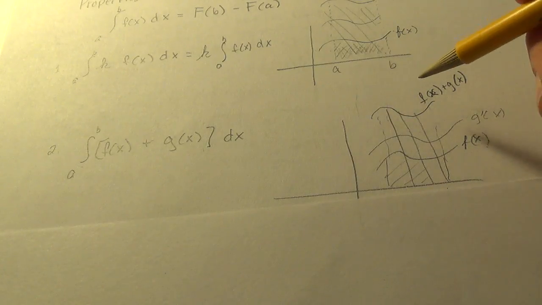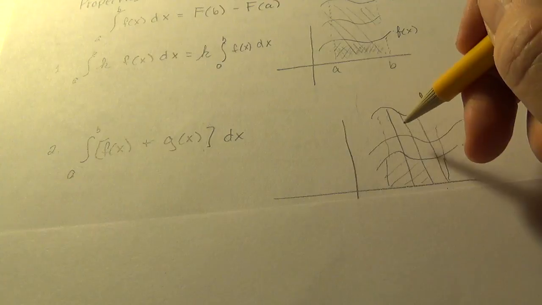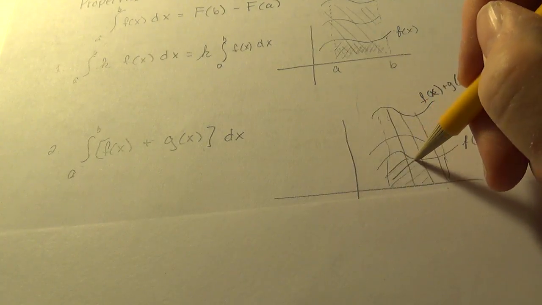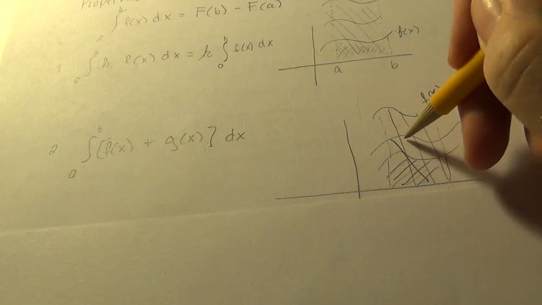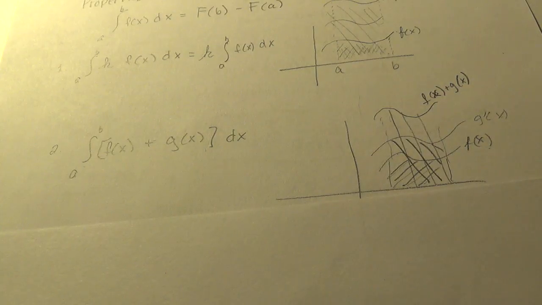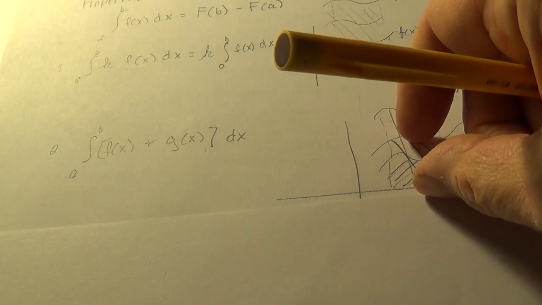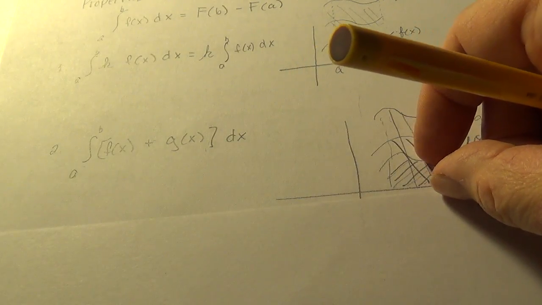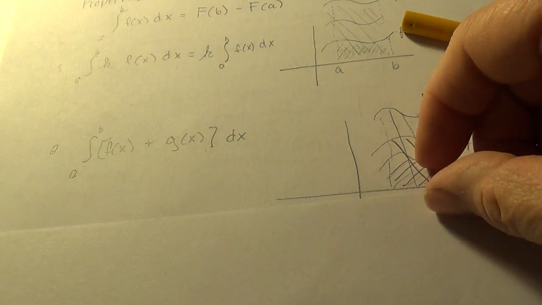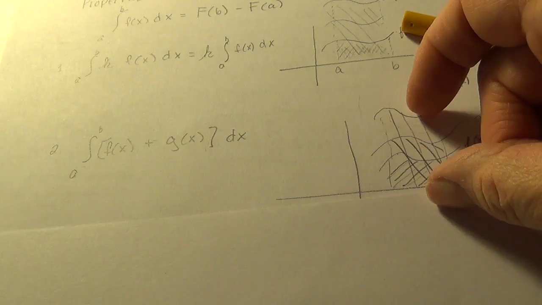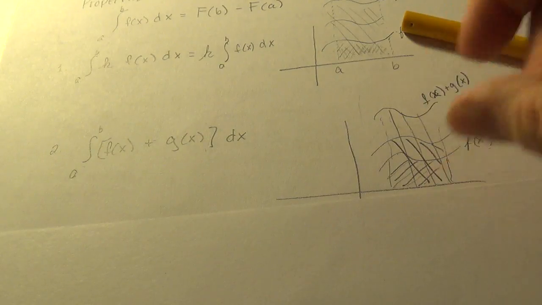Can you see that I could also think of it as this area plus this area? Am I getting too many lines in there? So this area under this curve plus this area under this curve should equal the area under the sum of the two curves.